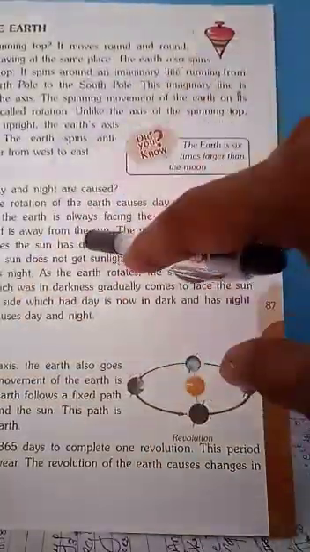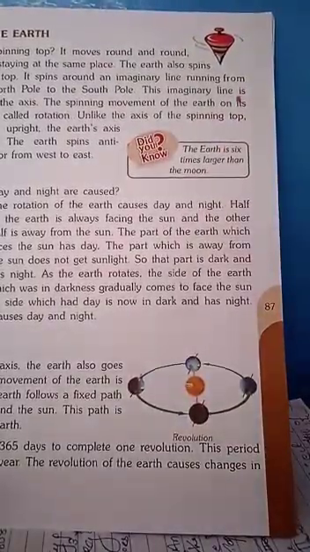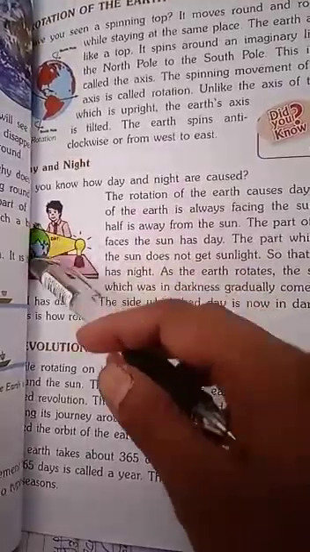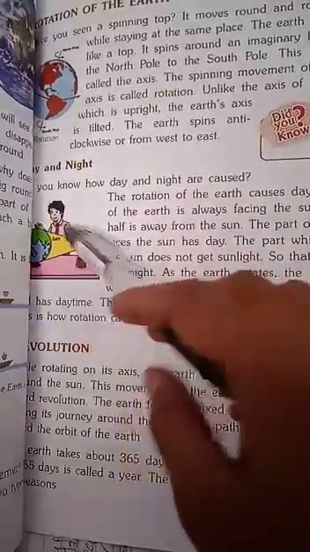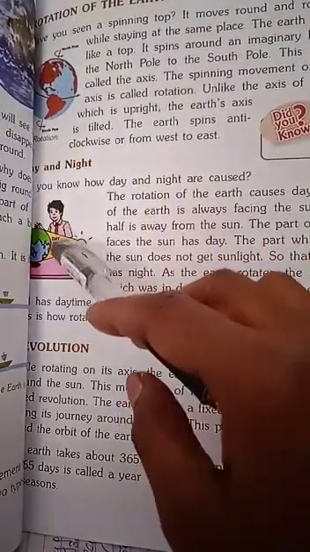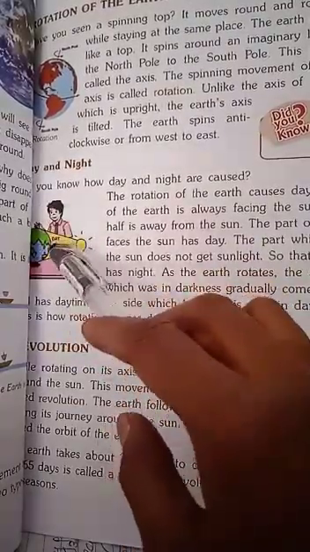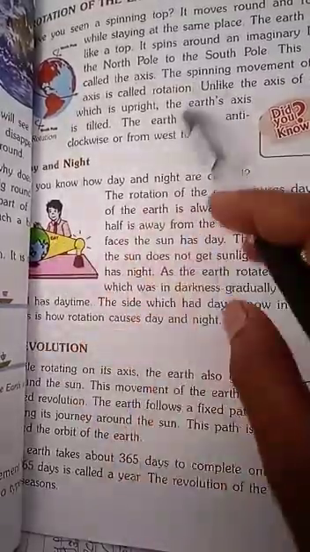When the direction of the sun falls on one part of the earth, that part is represented as day. When the sun is on the backside of the earth, the other part is in darkness, and the darkness is represented as night.